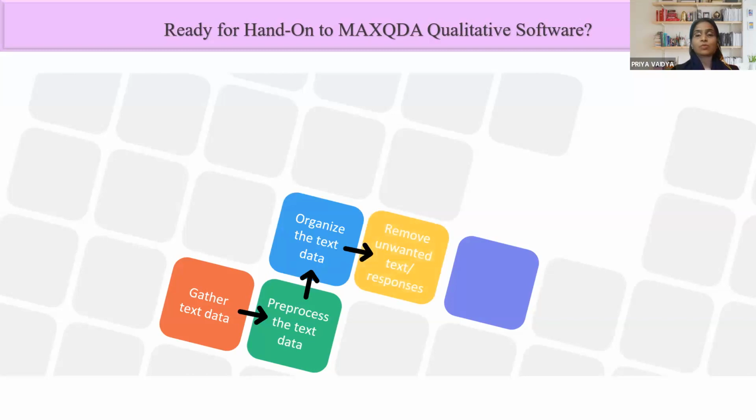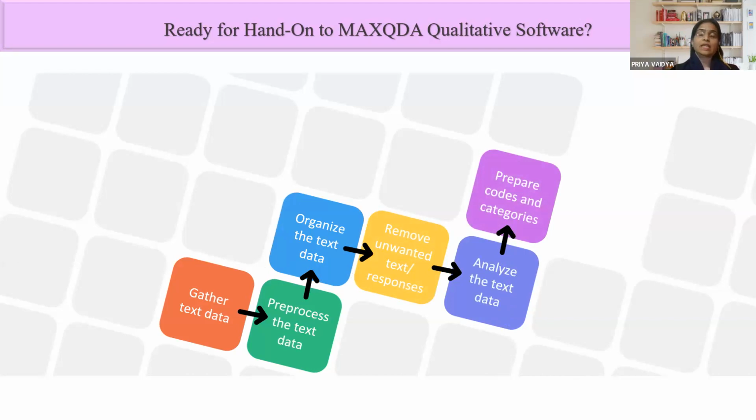Next is to remove unwanted text and responses. Then you have to analyze the text data, and then prepare codes and categories. Regarding the codes and categories, what do we mean by codes, and what do we mean by categories? We will be covering this in the next slides. Don't worry, I will cover what codes are and what categories are.